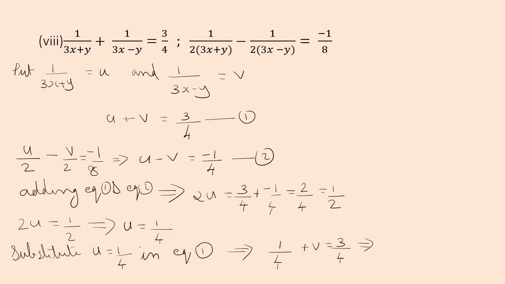That is v equal to 3 upon 4 minus 1 upon 4, that is equal to 2 upon 4, that is equal to 1 upon 2. We find u equal to 1 upon 4 and v equal to 1 upon 2.